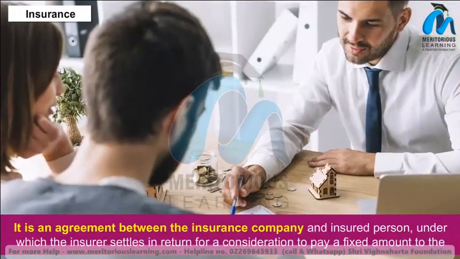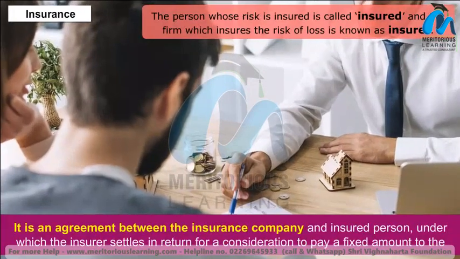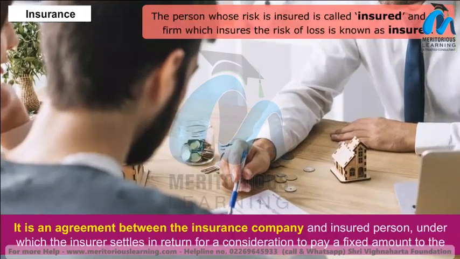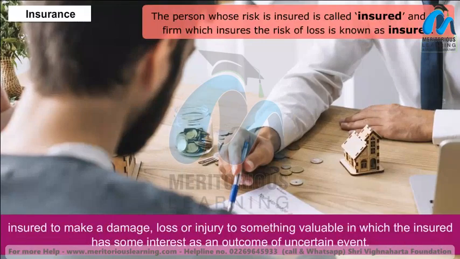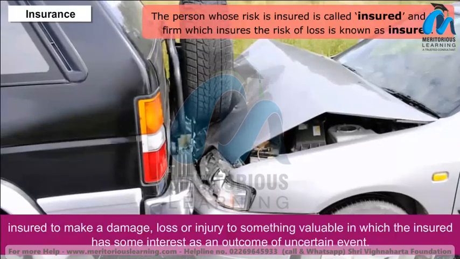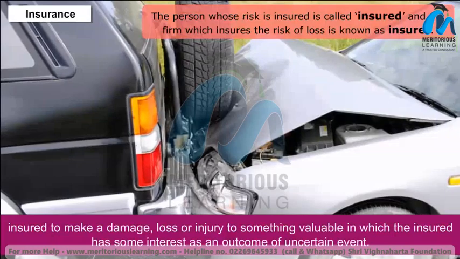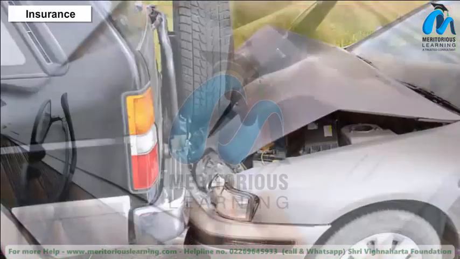It is an agreement between the insurance company and the insured person, under which the insurer settles, in return for a consideration, to pay a fixed amount to the insured for damage, loss, or injury to something valuable in which the insured has some interest, as an outcome of an uncertain event.